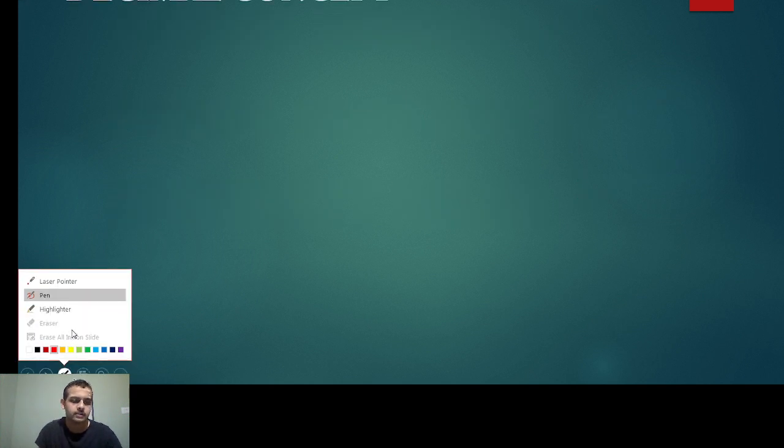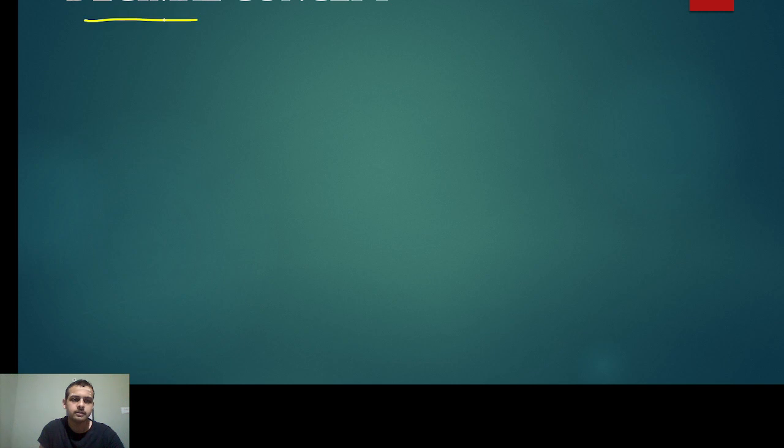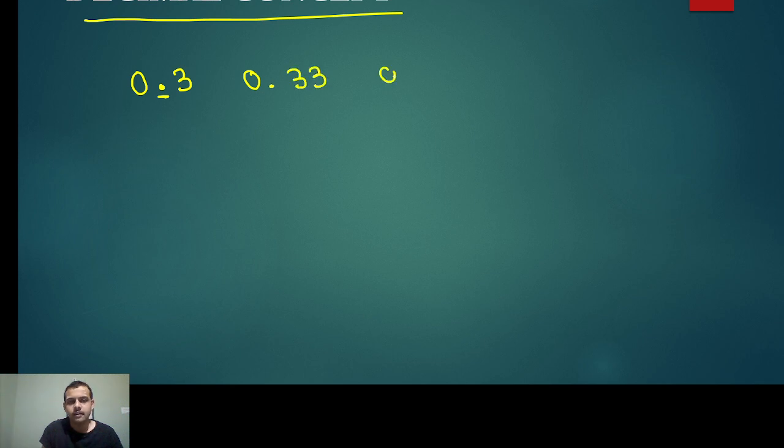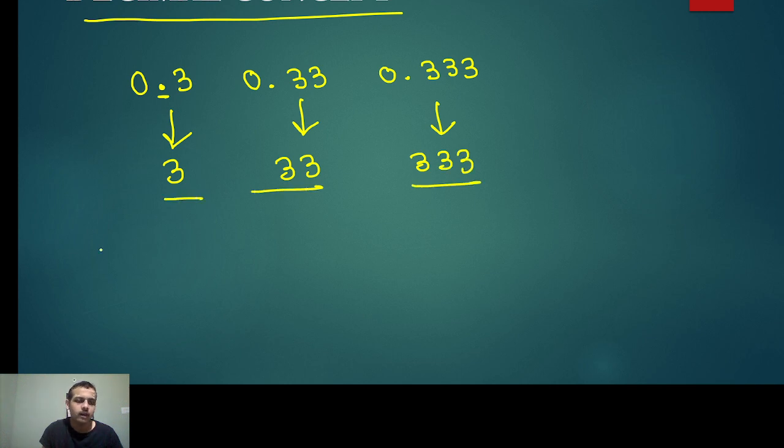In this slide we will study the decimal concept. First, decimal means this point is the decimal point. After this point one digit is there, then two digits, then three digits. See how to write 0.3 as 3, 0.33 as 33, 0.333 as 333.